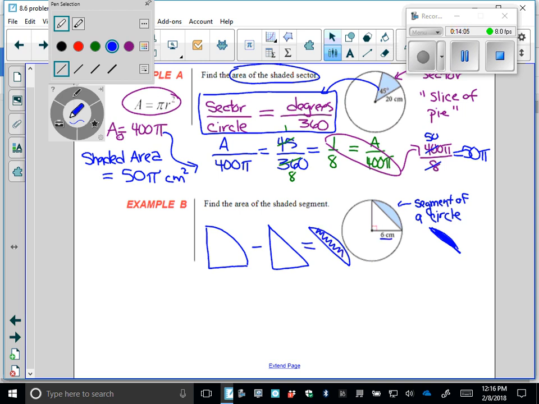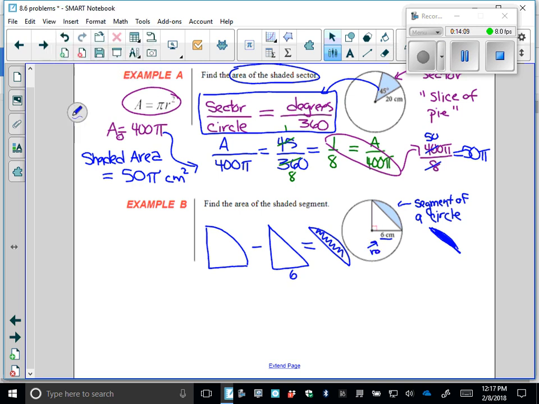From this picture, I see that this is 6, and it's also the radius. So this is 6. This is a right angle, which tells me that this is 1/4 of the area of the circle.